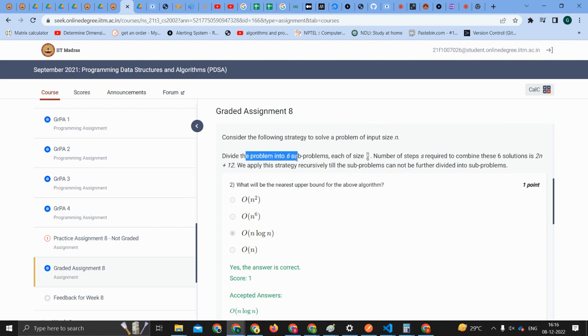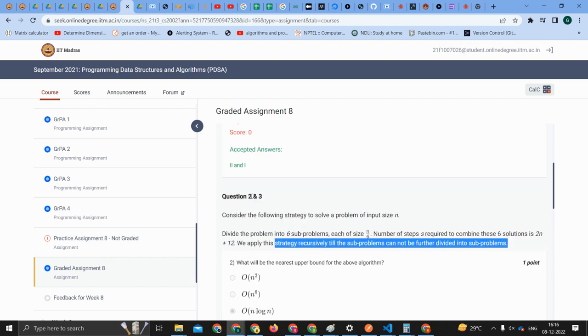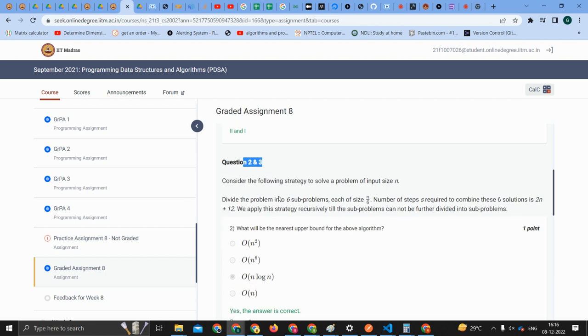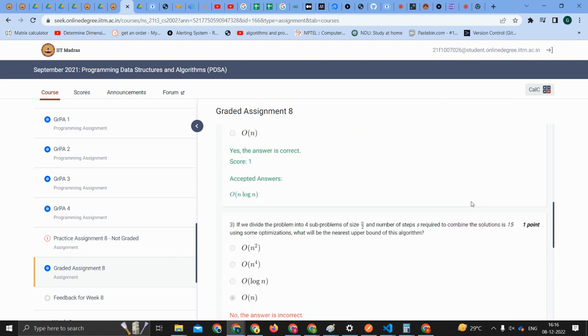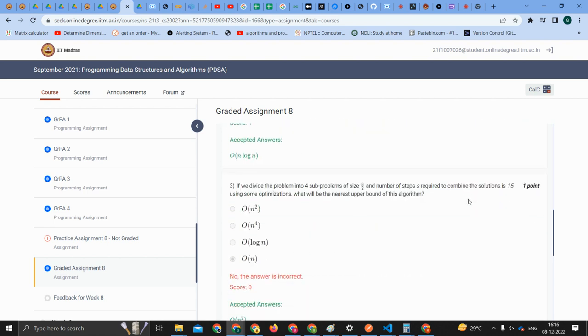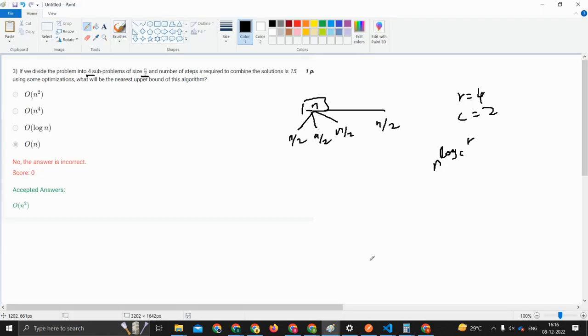We applied this strategy recursively, but in this question that's not mentioned. For question 2 and 3, see this wording. That is understood, I think, Navika. Okay, recursively.